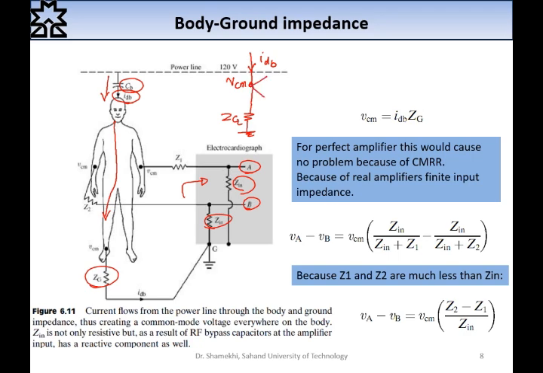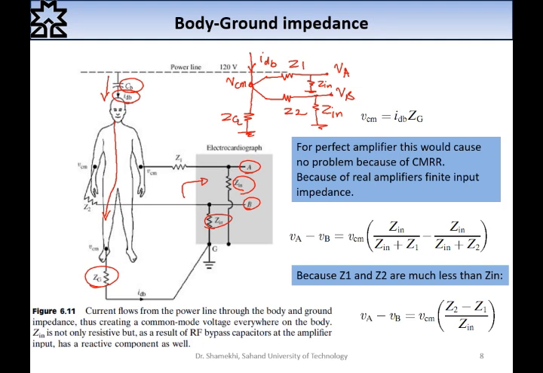And we have two connected leads, Z1 and Z2, also a high Zin impedance, and VB, and also we have Zin here and VA.